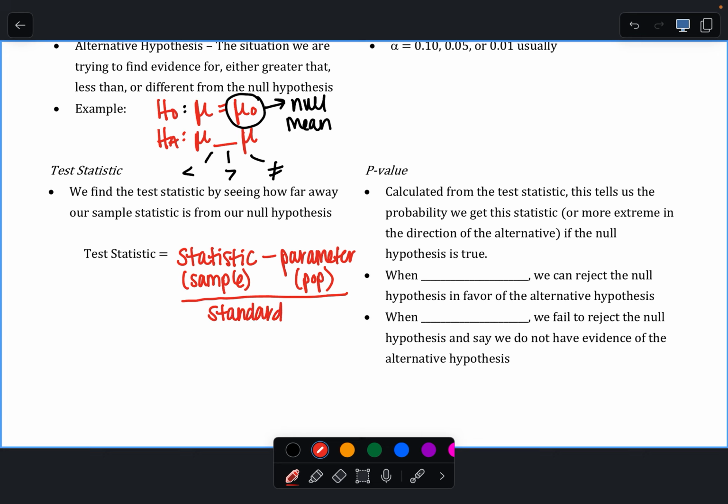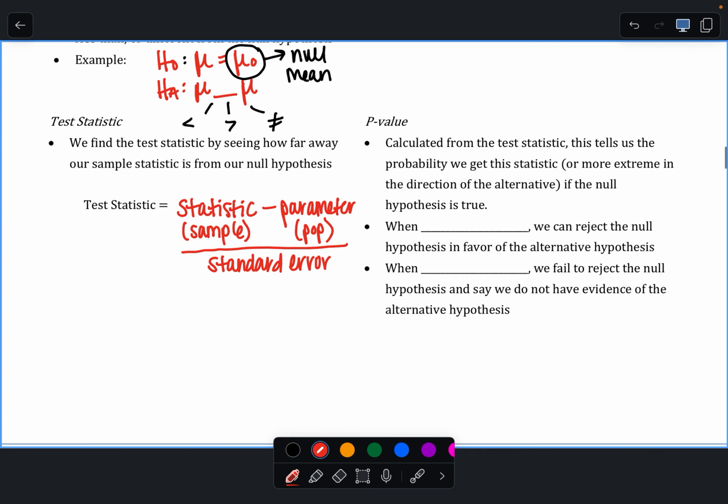There is going to be one slight change here, only because a lot of the time when you read these questions, we don't know a claimed population standard deviation. So when we do this, this is going to kind of revert back to being a standard error. Remember, the only reason we call it standard error and not standard deviation is because it's going to come from a sample and it's not going to come from a parameter.